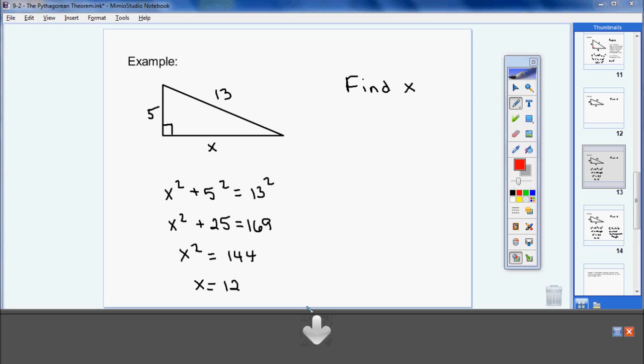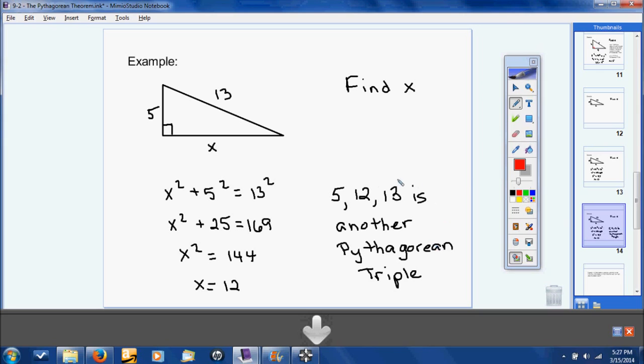So what does that mean? That means that 5, 12, 13 has a special name, and it is a Pythagorean triple. So that's another triple that you should try to make yourself know off the top of your head.